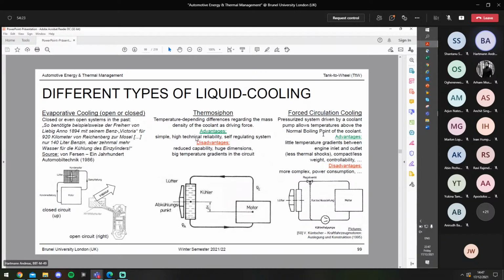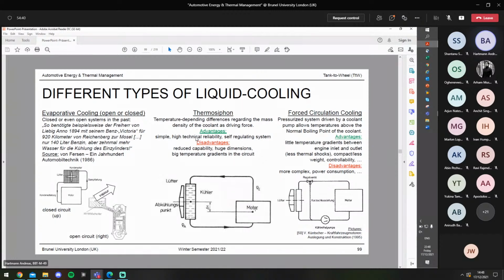In the meantime, also several decades ago, thermosiphon cooling was applied without any pump, but the mass flow of the coolant was just achieved by difference in density.